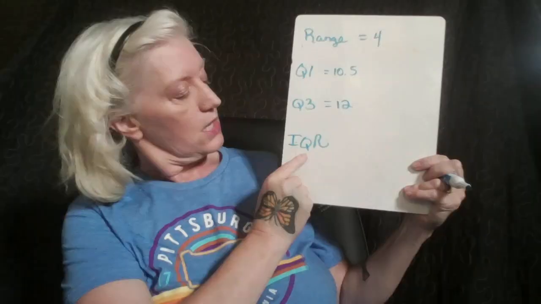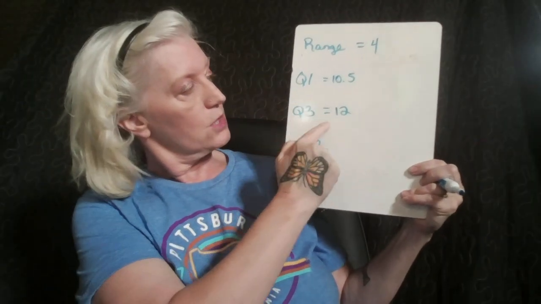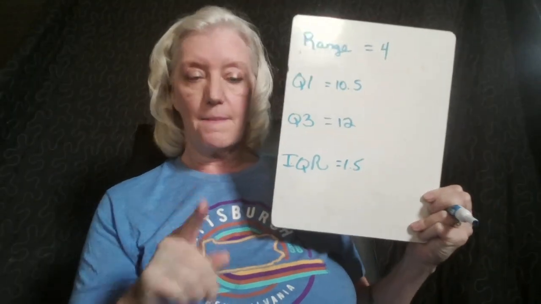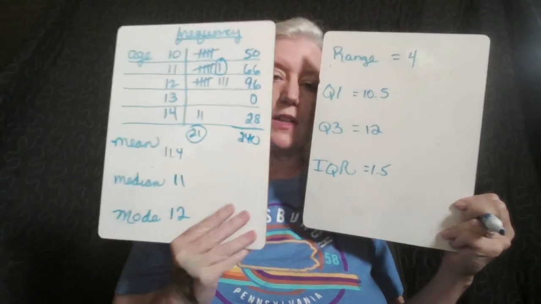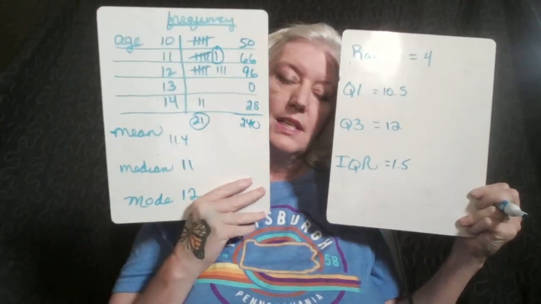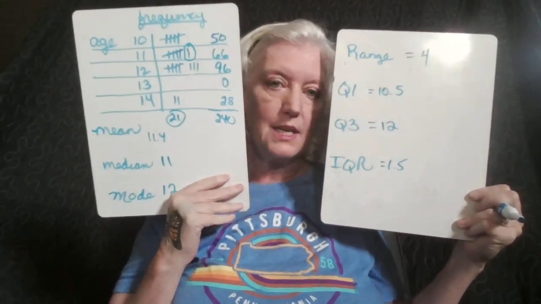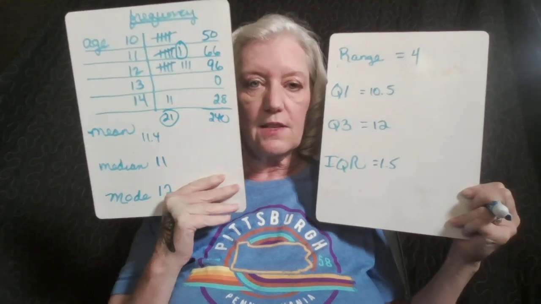Our IQR is our interquartile range. That's Q3 minus Q1. So 12 minus 10.5 is 1.5. And then from that, we can find out if we have any outliers. We can determine whether or not 14 is a statistical outlier or if it just appears to be that much bigger than the rest of them.